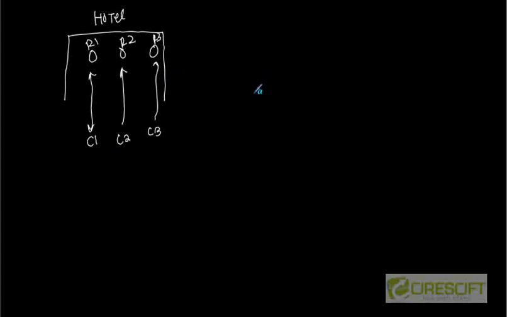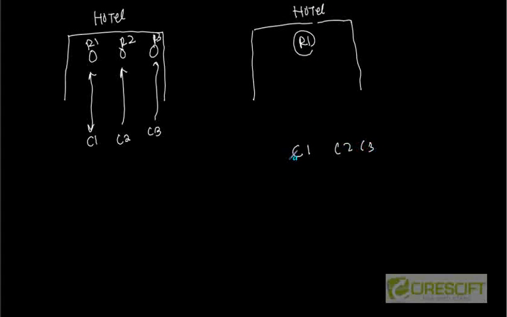So just assume for a moment what it should look like if I have only one receptionist available and three clients are coming. In that case, what happens? If these three clients connect simultaneously, then the listener is going to put them in front of this receptionist: C2 and C3.